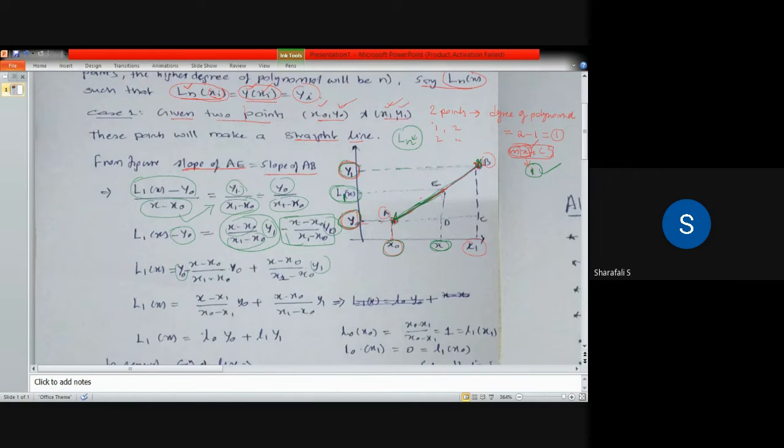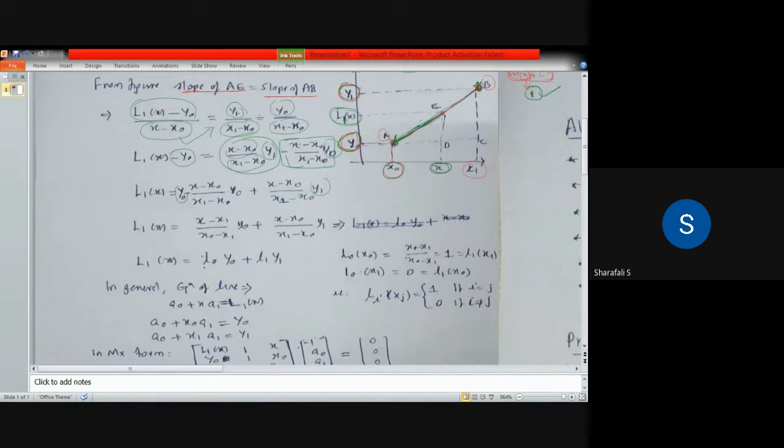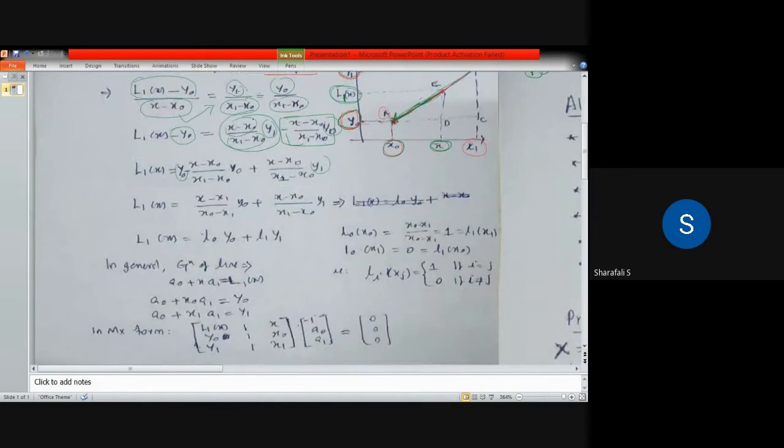Now if you rearrange this particular equation, which means after cross multiplication of this x1 minus x0 with this y0 and subtracting x minus x0 into y0 from it, divided by x1 minus x0, you will get an equation like x minus x1 divided by x0 minus x1 into y0.